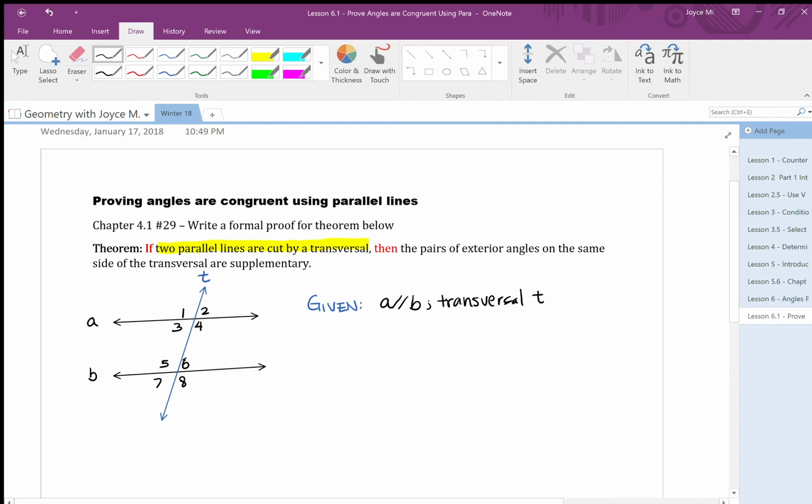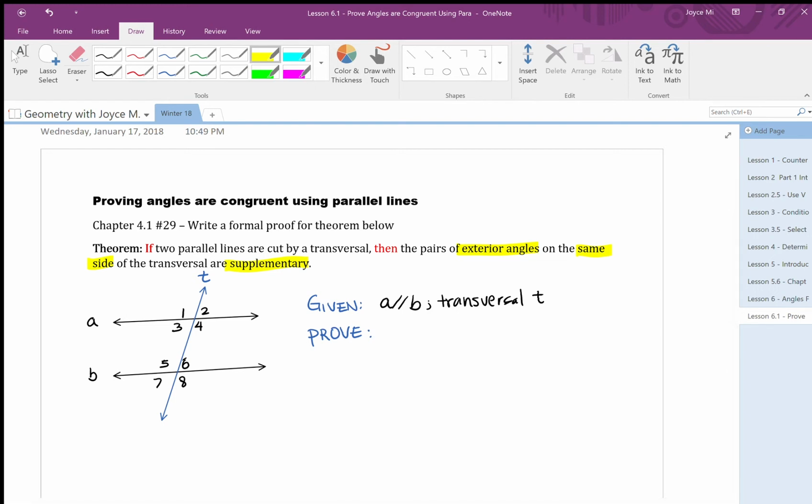Now let's write the prove statement. I need to prove that same side exterior angles, that is, exterior angles on the same side of the transversal, are supplementary. So let's look for a pair of angles that satisfy the condition.